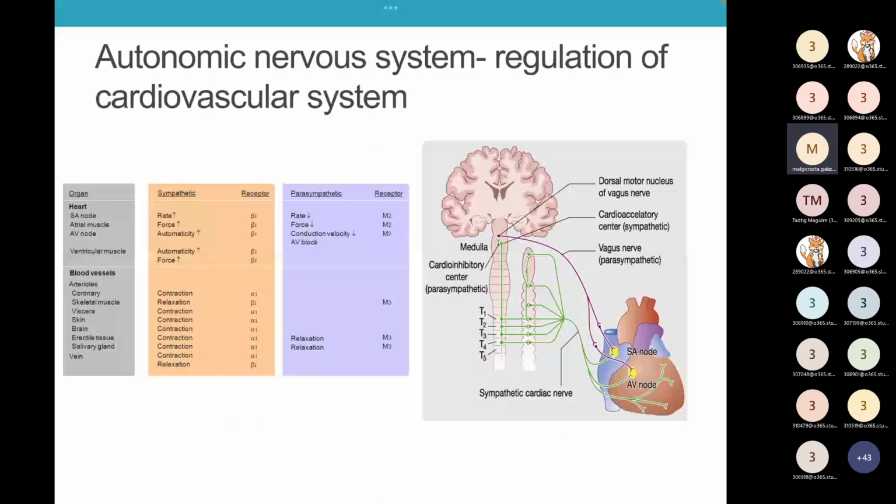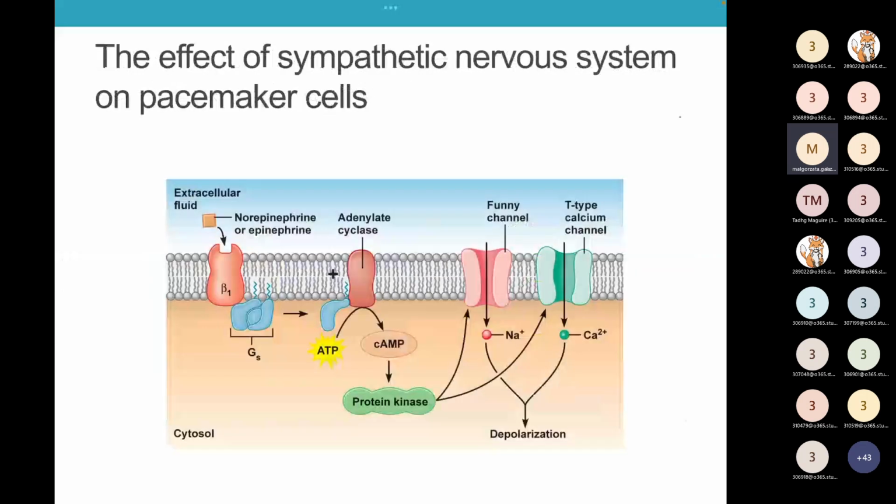Okay, so let's focus on the sympathetic nervous system right now. As I said, the sympathetic nervous system innervates both the conduction system of the heart and cardiomyocytes. The cell membrane of the pacemaker cells in the SA node, AV node, and other elements of the conduction system of the heart has many beta-1 receptors.